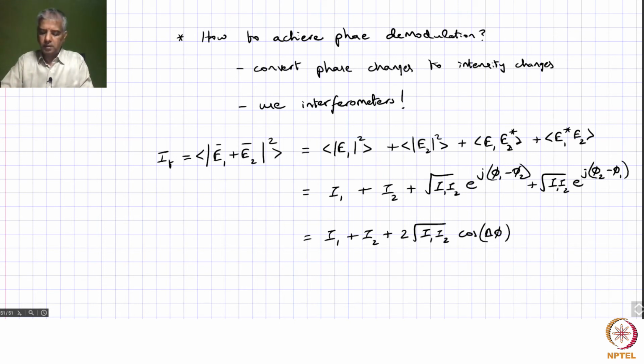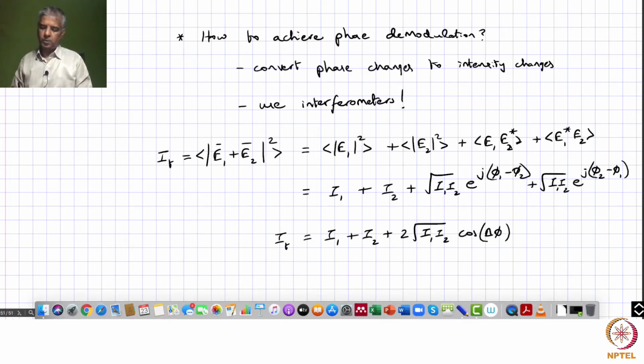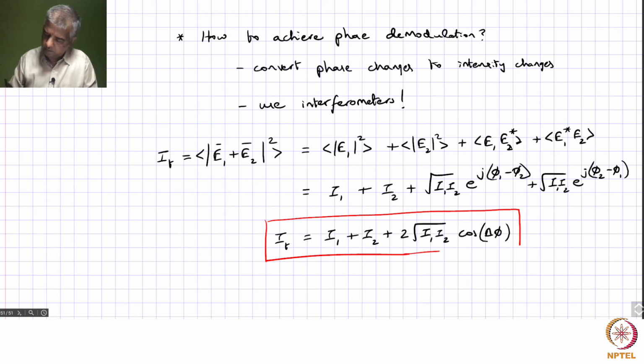Okay. So, that is the total intensity that you get after mixing these two waves. That's the process that we call interference. So, if we say phi 2 is deterministic, phi 2 is the reference.